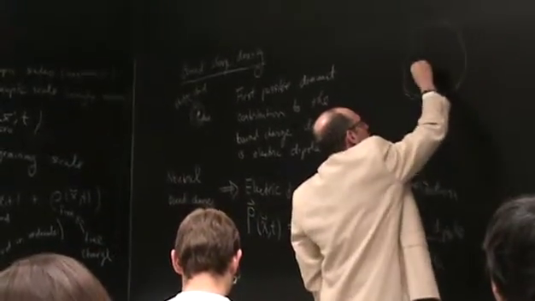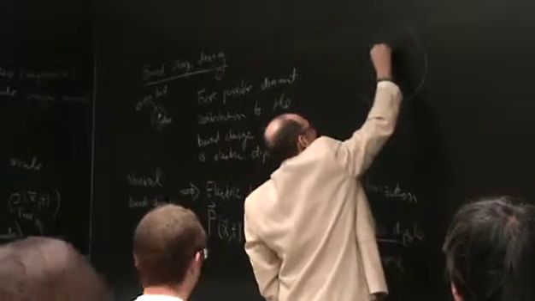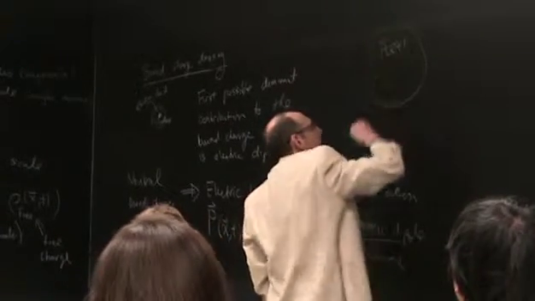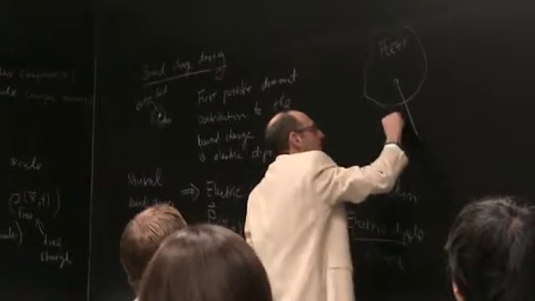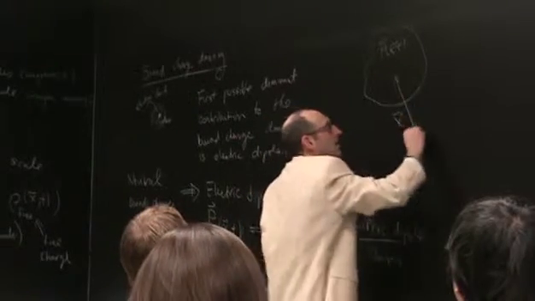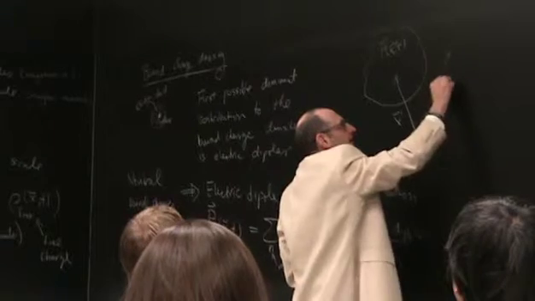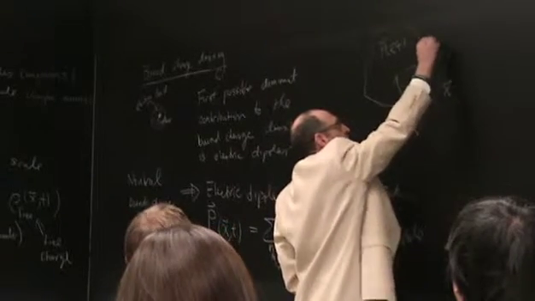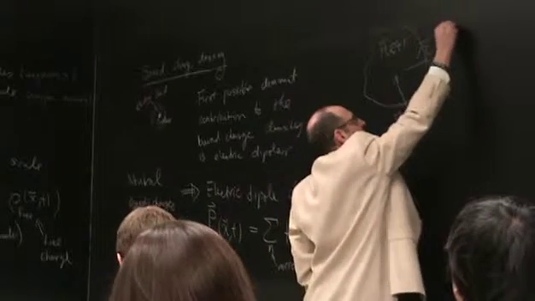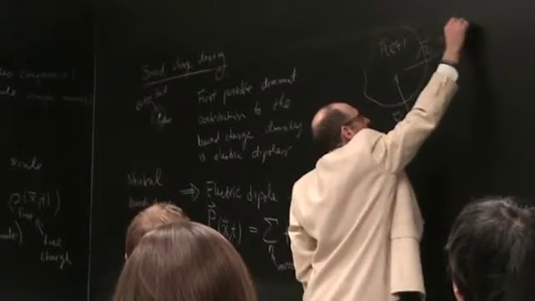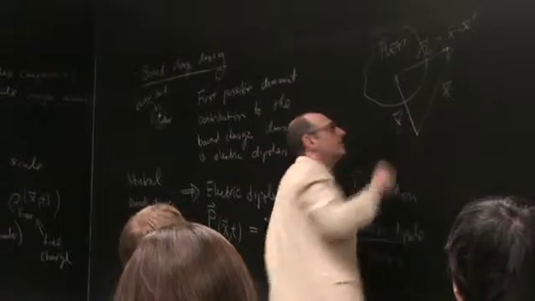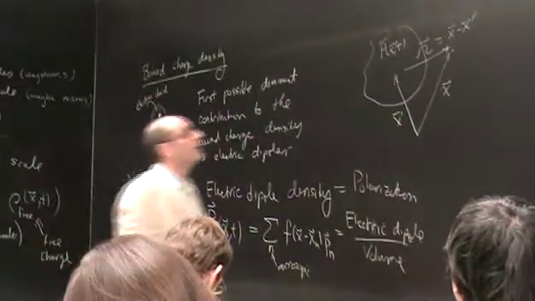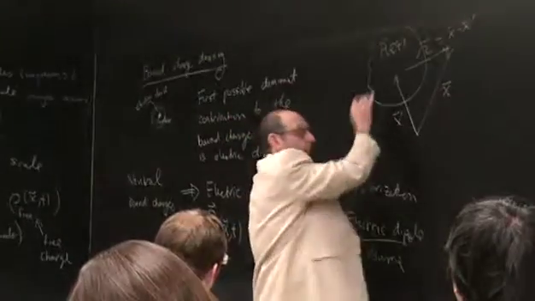P is a function of the source points, let's call them x prime, and the position of observation is x, and we have our usual script r, x minus x prime. I want to know, for example, what is the electric potential for such a source?